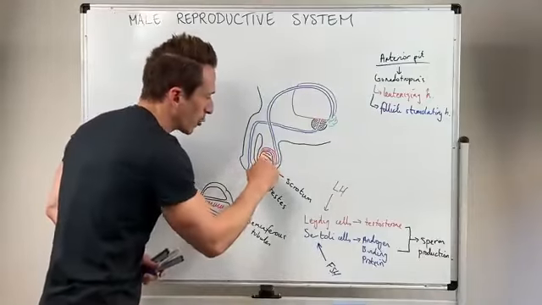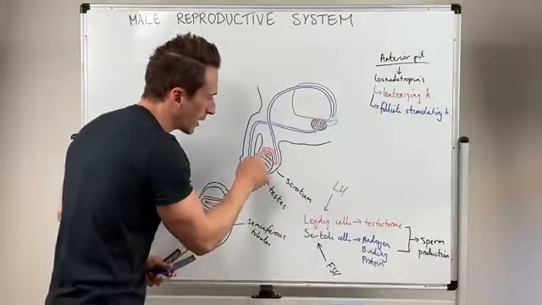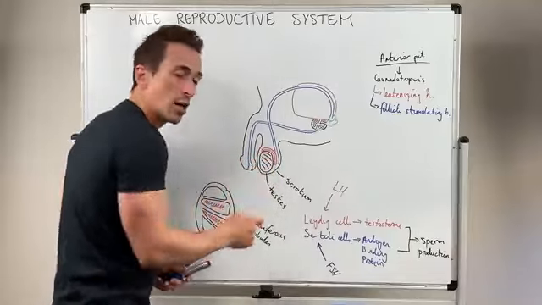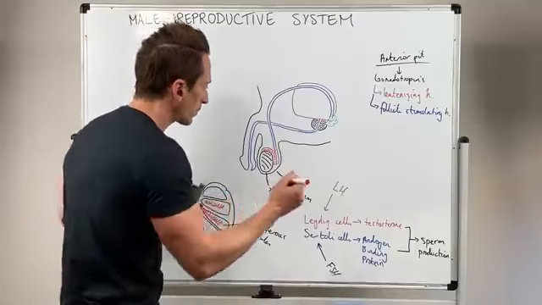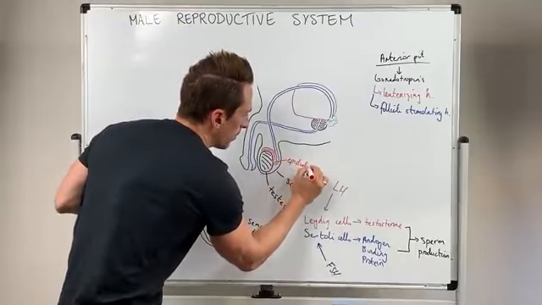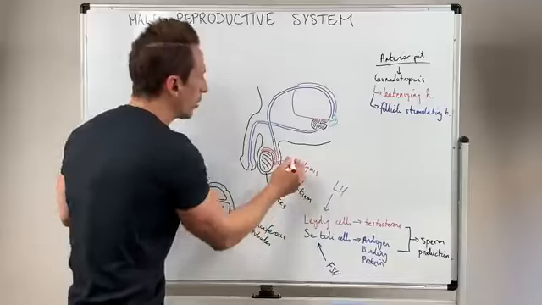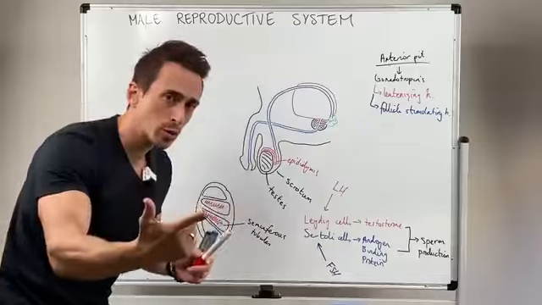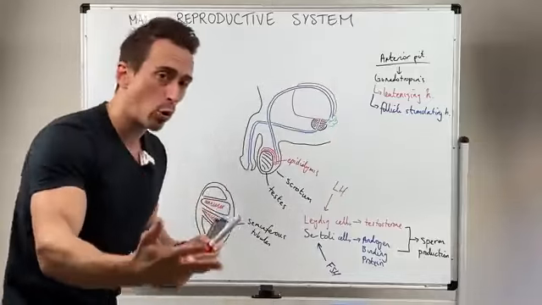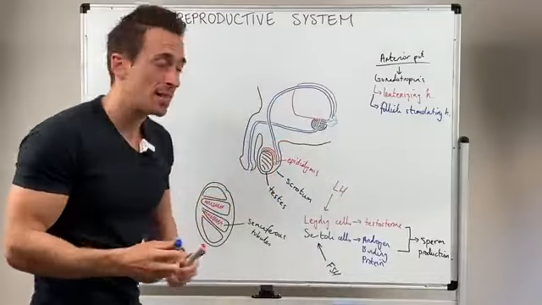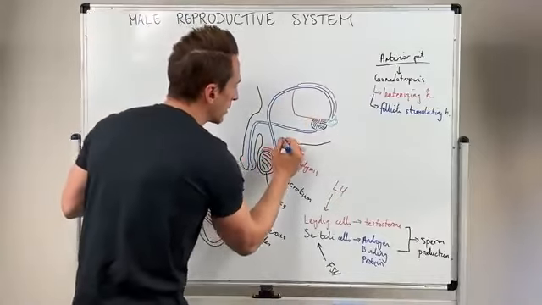Now, the sperm that's produced is transported into this structure that lines the outside of the testes called the epididymis. The role of the epididymis is to store sperm, mature sperm, and then transport sperm into the next tube, which is called the vas deferens, also known as the ductus deferens.